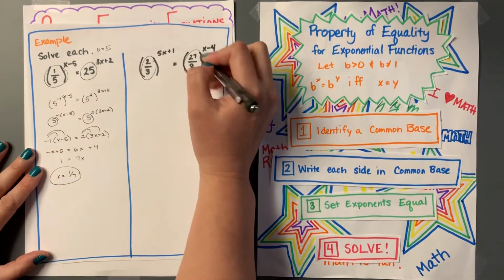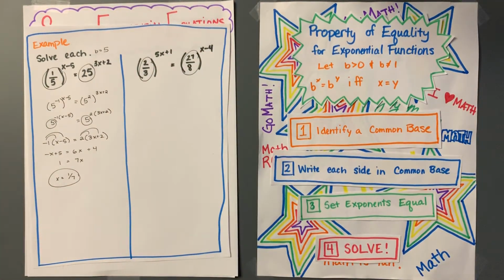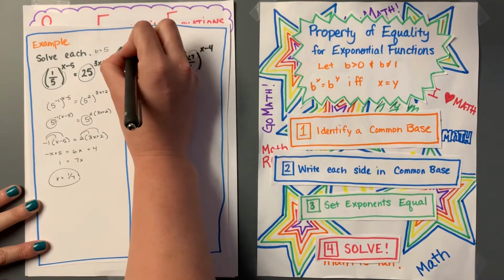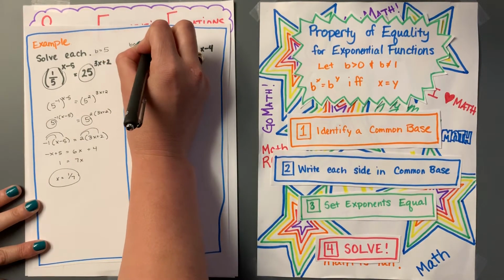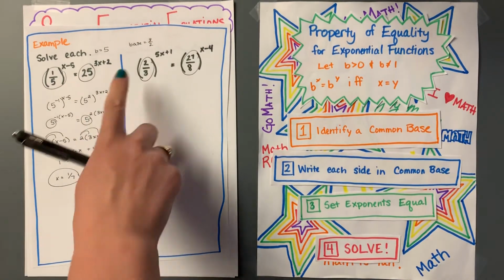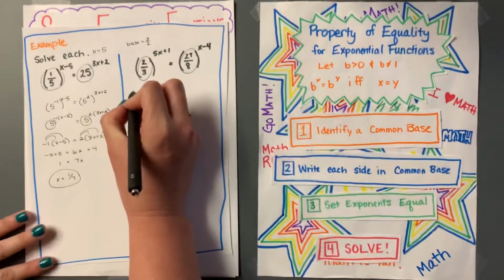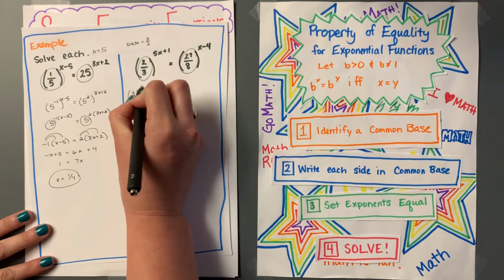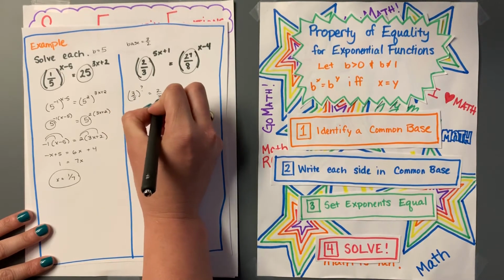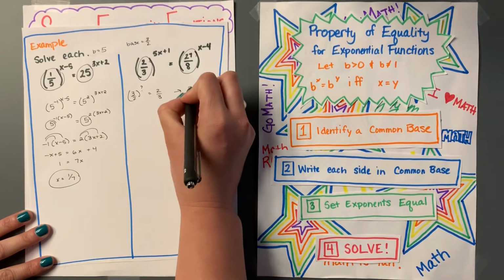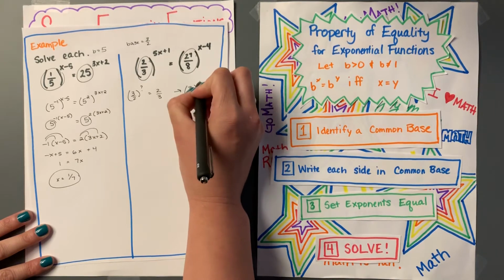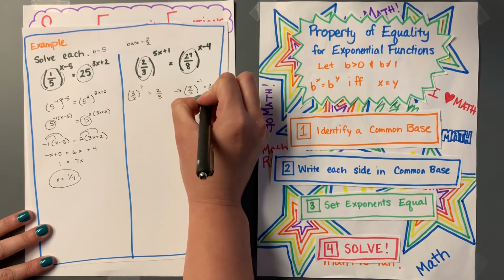So I have 2/3 and 27 over 8. I am going to use a base of 3/2. So if 3/2 is my base here, 3/2 to what exponent is 2/3? I'm going to get 3/2 raised to the negative 1 is 2/3.